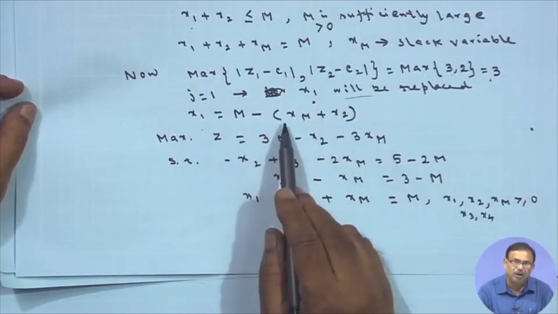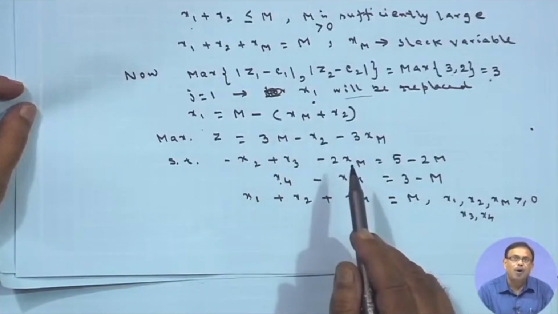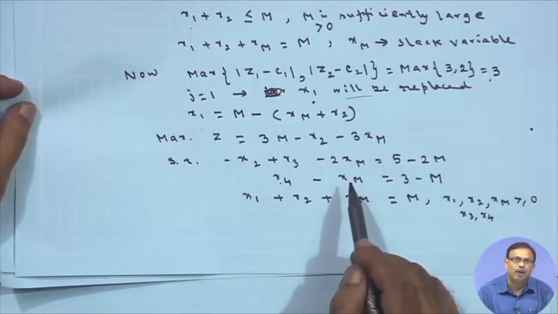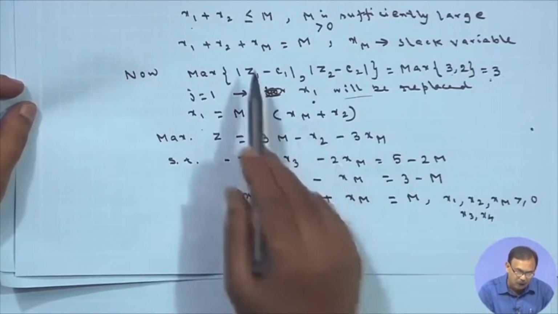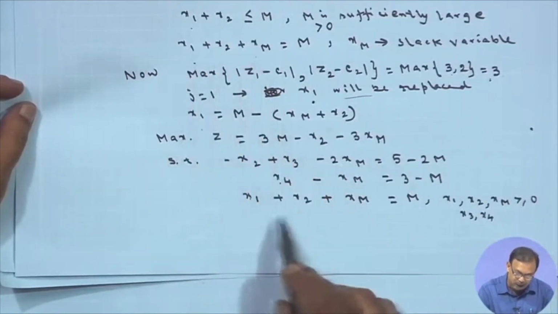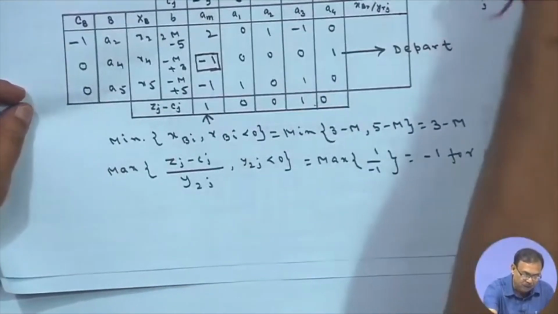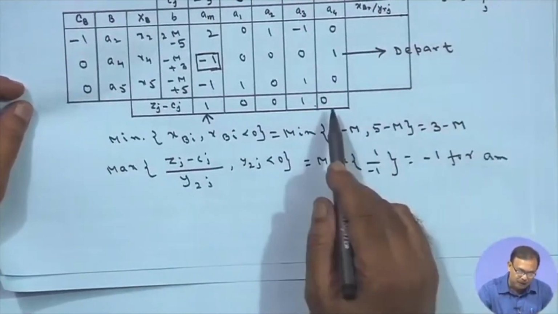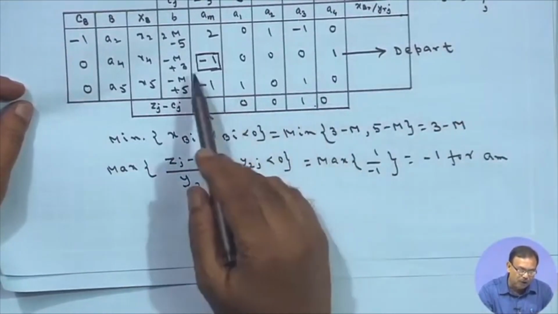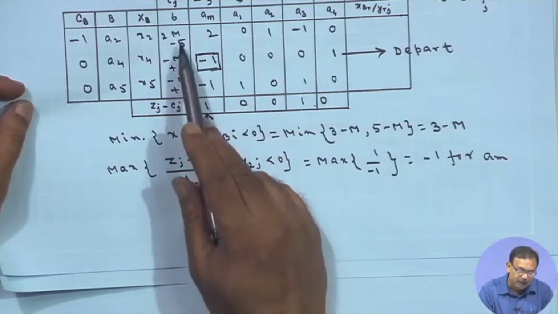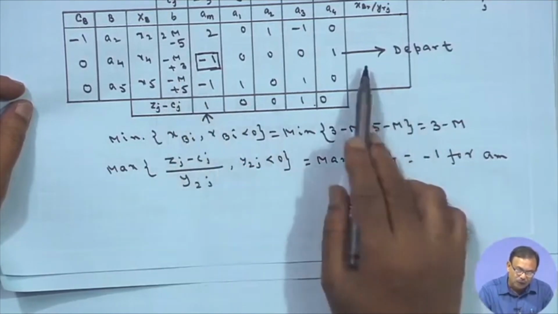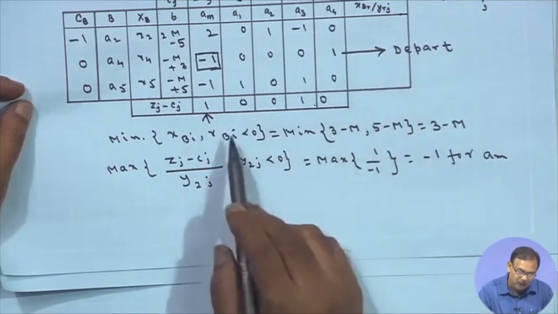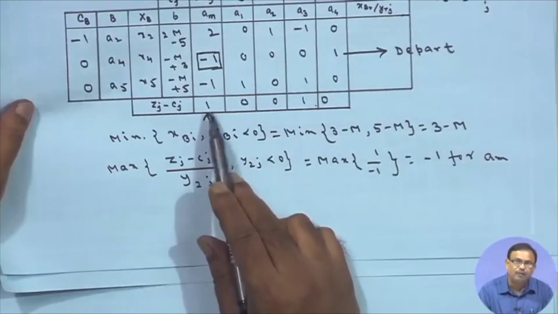So we replaced x1 in the original objective function as well as the original constraints, but in the new constraint the variable x1 was present. Then we formulated the new simplex table. Then we saw that xBj is less than 0 here. So we find the departing variable and the entering variable, and we repeat the process.